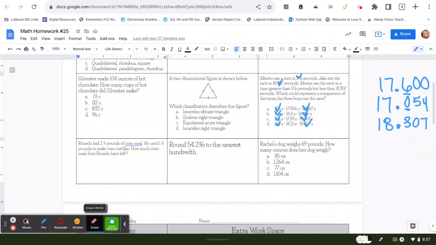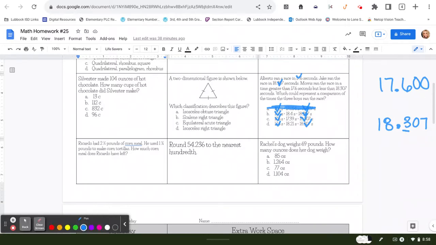That one is less than 17 and 6/10. So it cannot be A. Let's look at B. B has 18 and 4/10, so I'm going to put in my phantoms. 4 is greater than 3, so that one does not work. It would not fall in between these two numbers.